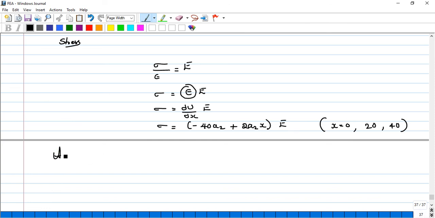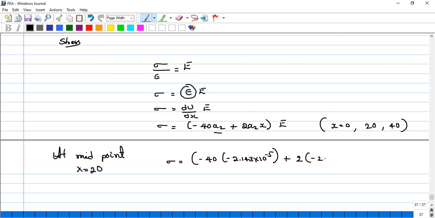So let me check at midpoint what will be the stress. When I say midpoint, X will be 20. So sigma is equal to minus 40 times A2, that is minus 2.143 into 10 raised to minus 5, plus 2 times A2, same minus 2.143 into 10 raised to minus 5, times the X value, which will be 20 here, multiplied by E. Young's modulus is given in the data, that is 70 into 10 raised to 3.